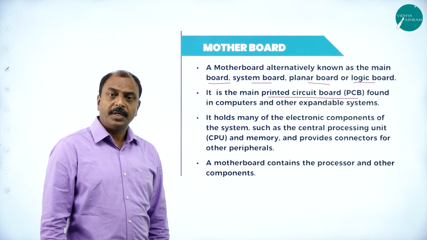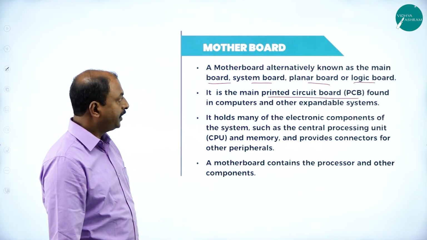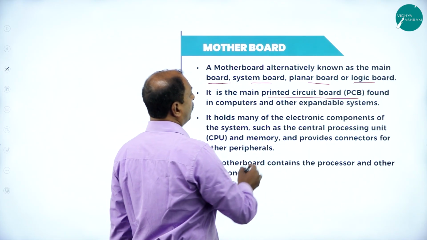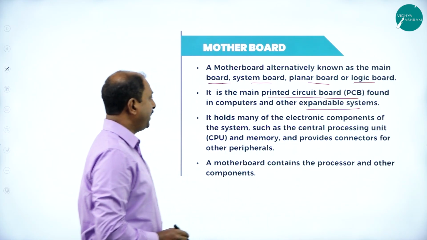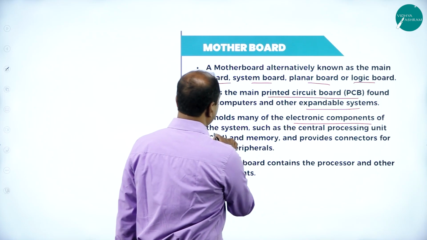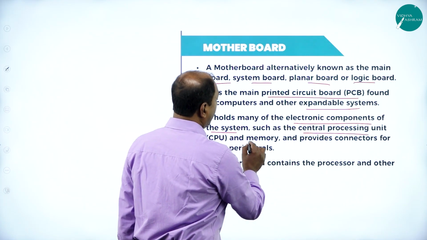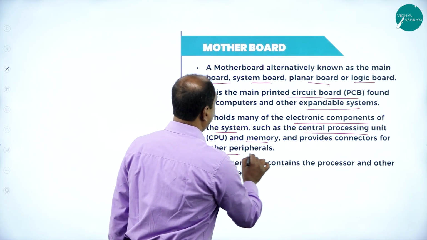A motherboard is the main component of your computer system or CPU, and it is called a PCB, printed circuit board, found on computers and other expandable systems, and it holds many of the electronic components of the system, such as the CPU and memory, and provision for connectors for other peripherals.